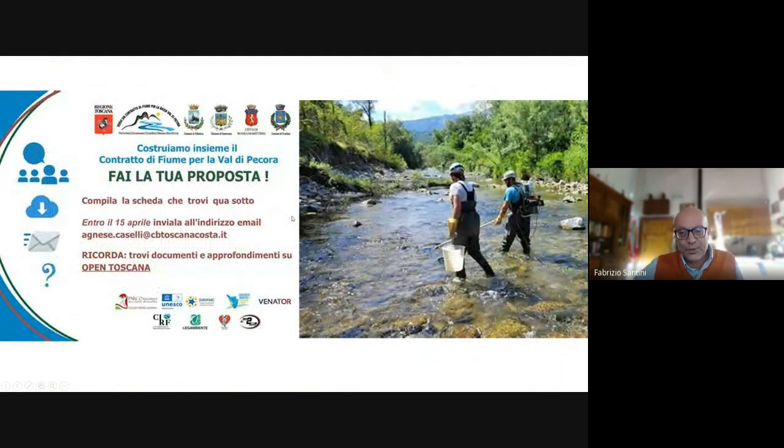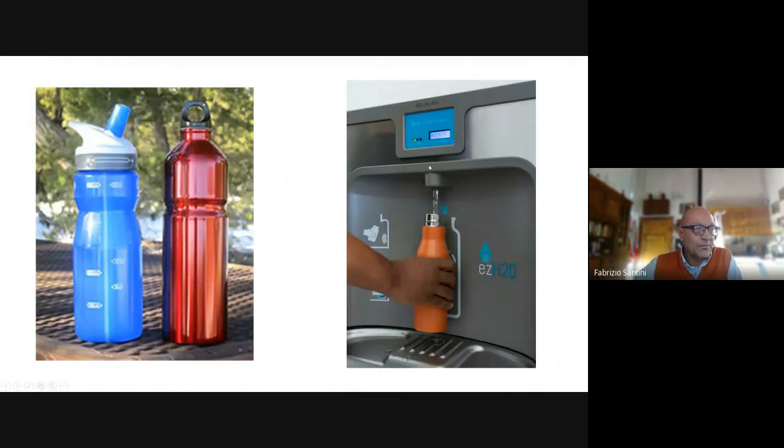That's another example. When I speak about things, I want to show that they are not just words, but things that are happening right now in Italy and all around Europe. There are many citizens working together on keeping their fresh water better.